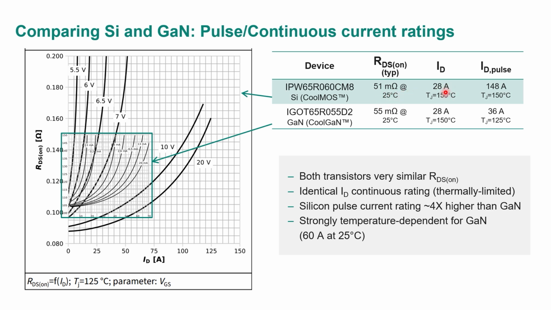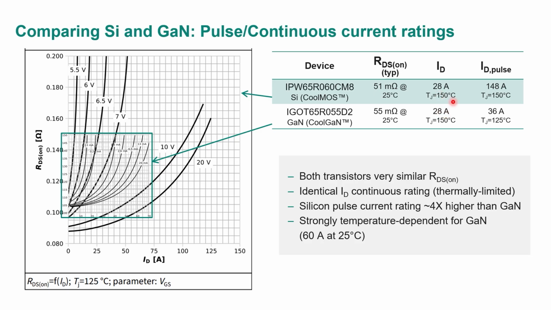It's rated at 25 amps at 150 max junction temperature, versus the GaN device, which is also in the same range, a little bit higher, 55 milliohms at 25 C, also rated identically for drain current, right? So it's more about the thermal performance, the thermal conductivity that sets the drain current.